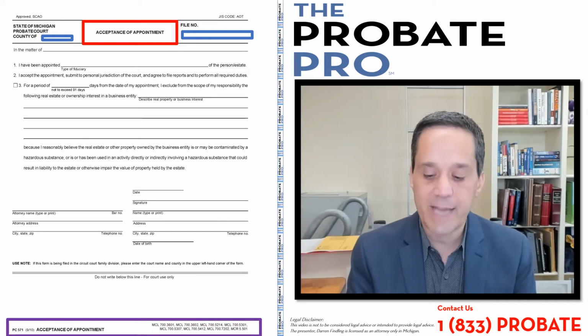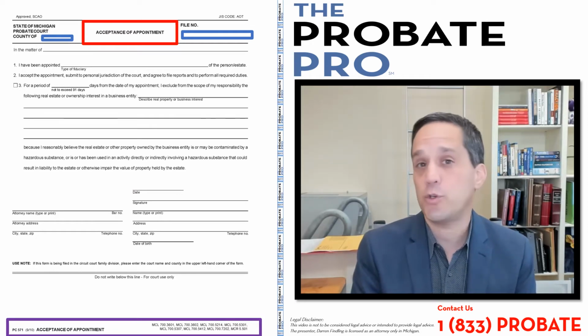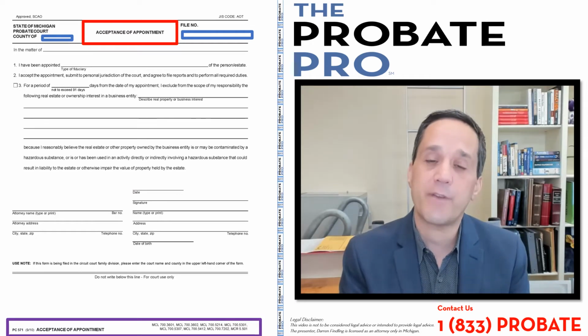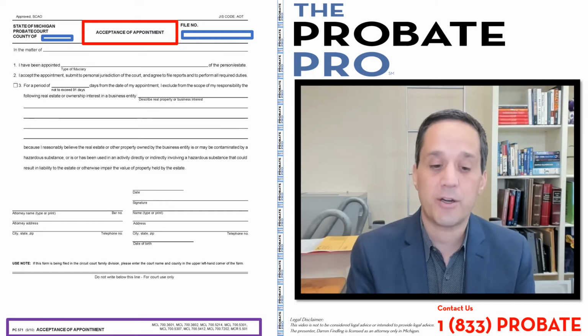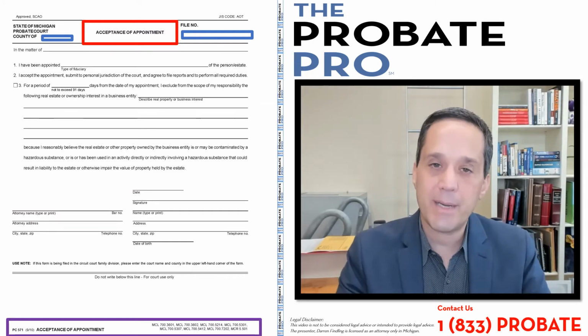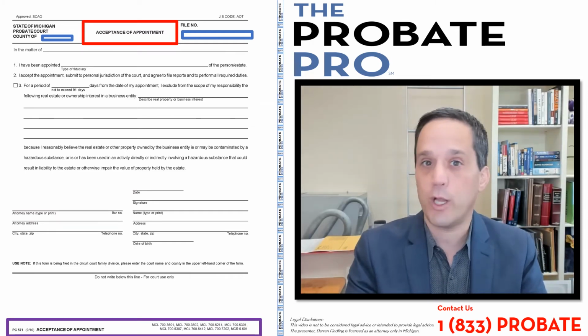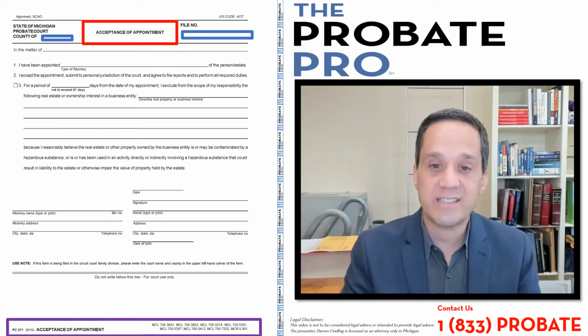The next three statutes relate to guardianship proceedings. These are statutes MCL 700.5214, MCL 700.5301, and MCL 700.5307. Again, similarly, if you're nominated as the guardian, whether it be in a will or through a probate court proceeding, you sign this document before you get your letters of guardianship, and you consent to the jurisdiction of the probate court.